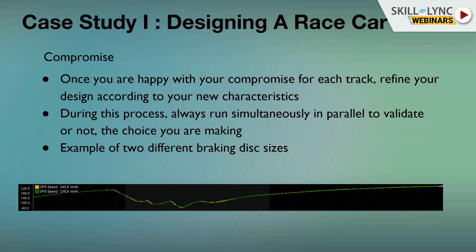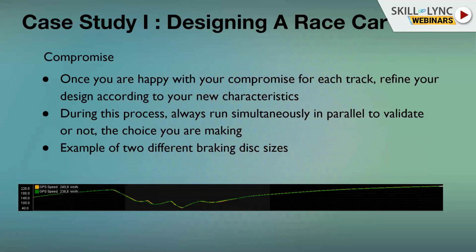So once you have your main model of your car with the wheelbase, the track, the mass, and the suspension types, and so on, you can refine the design of the car by testing different aerodynamics packages, different differentials, and different gear ratios, as I told you earlier.